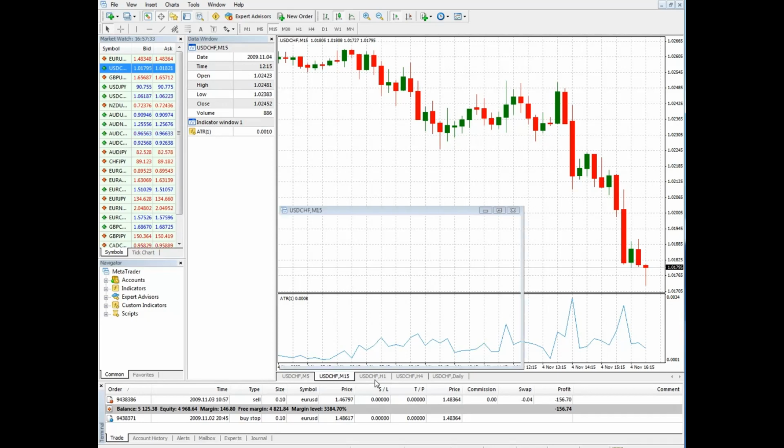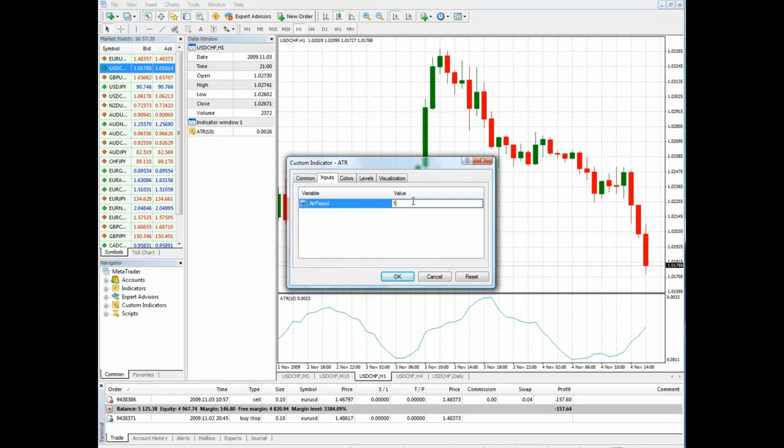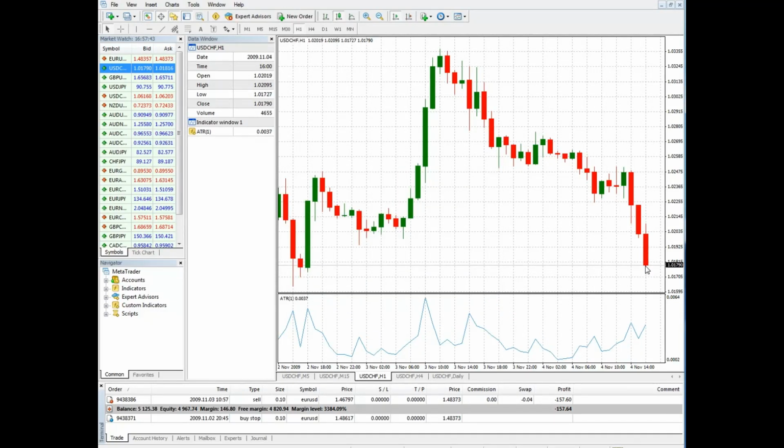Let's go to an hourly. Okay, I'm going to reduce this again. Okay, here we go. So 37. You can see the various sizes of the pips there. 37.